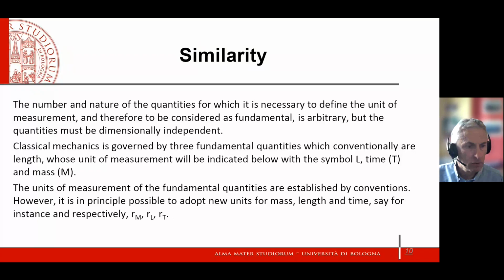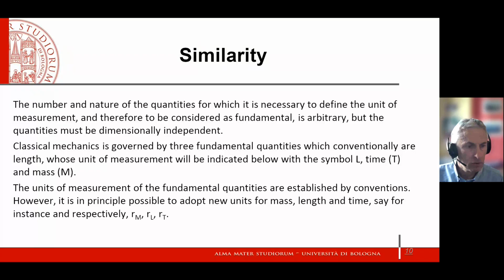I may identify other fundamental quantities, but their number must remain three, because if I consider classical mechanics, I see that the quantities governing the whole domain of classical mechanics can be described, their units can be derived as a function of the units of length, time, and mass.